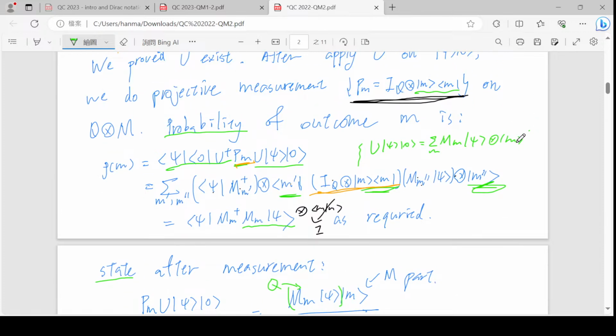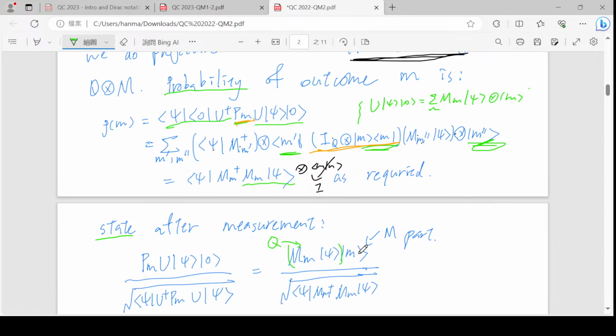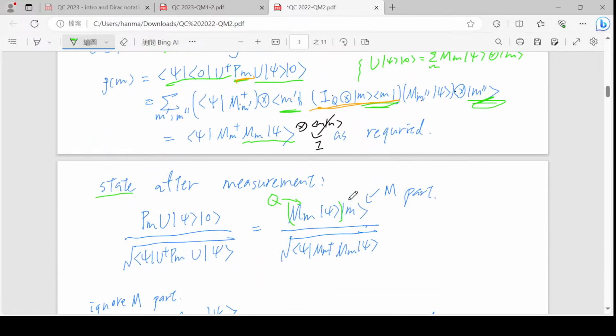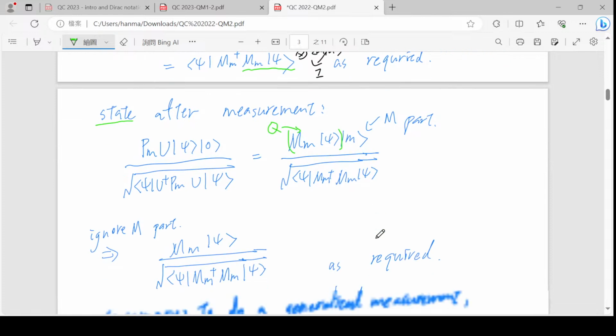Then you get this thing. The first register, because you apply identity on this n sub m, is just n sub m psi. And the second register would be projected onto m, right? Because you're projected on m, so it must be m here. So the q part is this thing, and the m part is the state m, saying that the outcome is this small m. And the normalization is the square root of this probability.